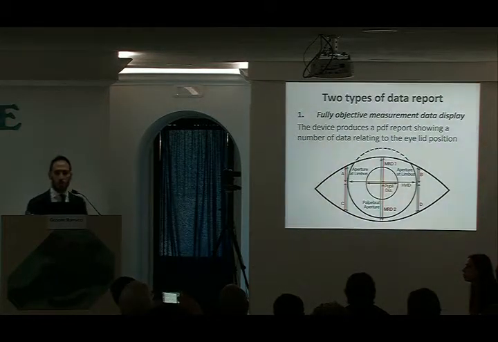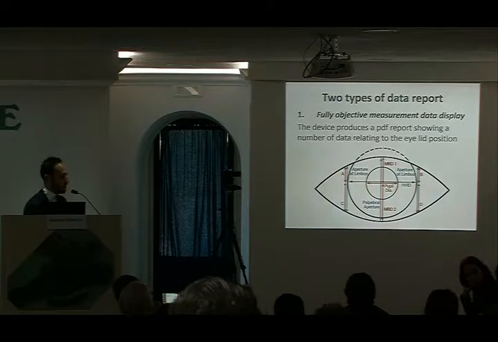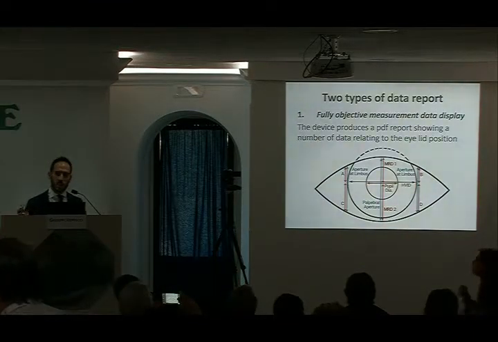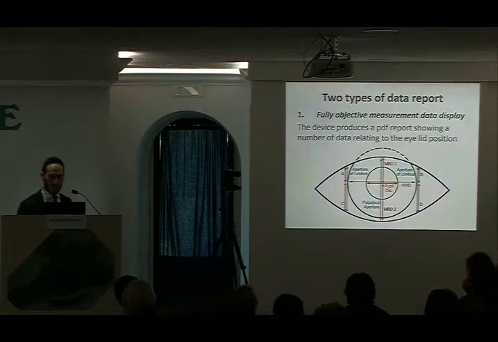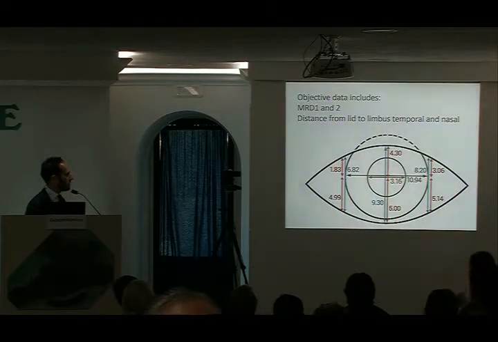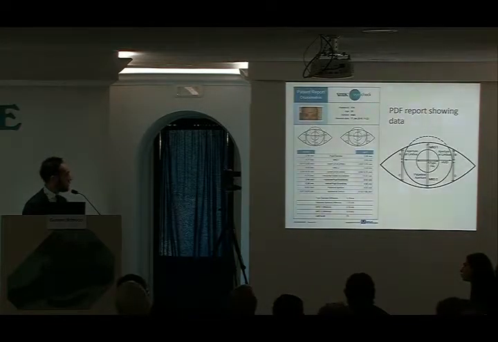But what are we really measuring with the device? After each acquisition, the device produces a PDF report that shows a number of data related to the lid and the lid position. We basically have 2 different types of data reports. So we have a fully objective measurement that includes the MRD1 and the MRD2, but also the distance from the upper lid to the limbus and the lower lid to the limbus, both for the temporal side and the nasal side.